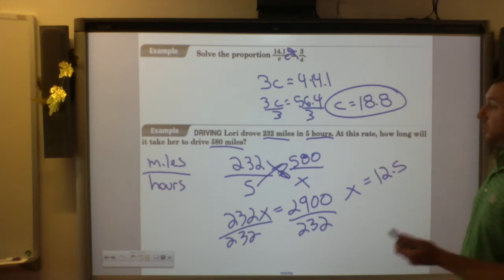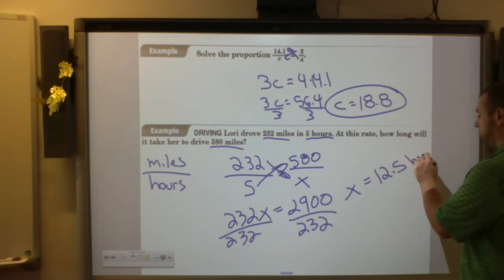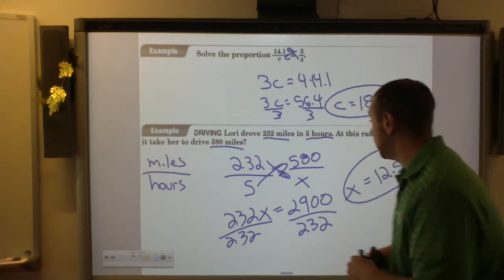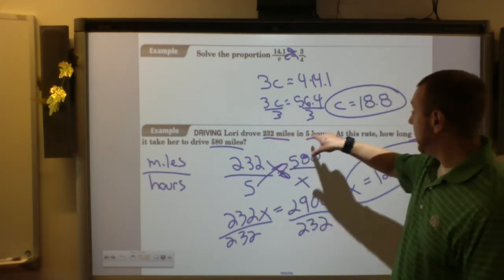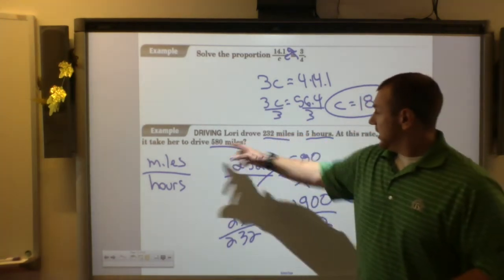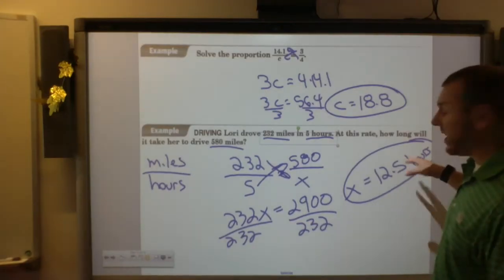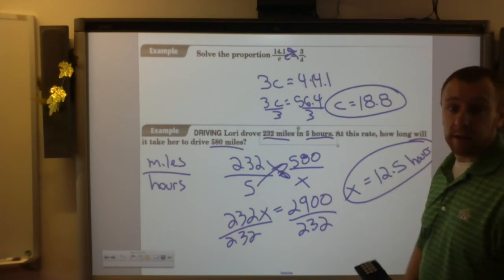That represents 12 and a half hours. Now, does that make sense? Well, she went 232 miles in 5 hours. If I double that, that's 460. That's 10 hours. So yeah, that seems about right in my answer.